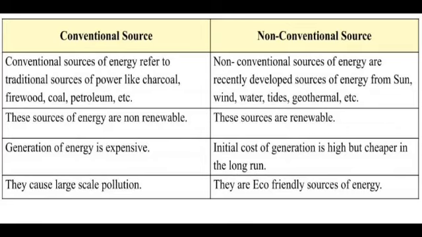So, examples of conventional sources of energy are firewood, coal, petroleum, etc., while that of non-conventional sources are wind, water, tides, geothermal energy, etc.